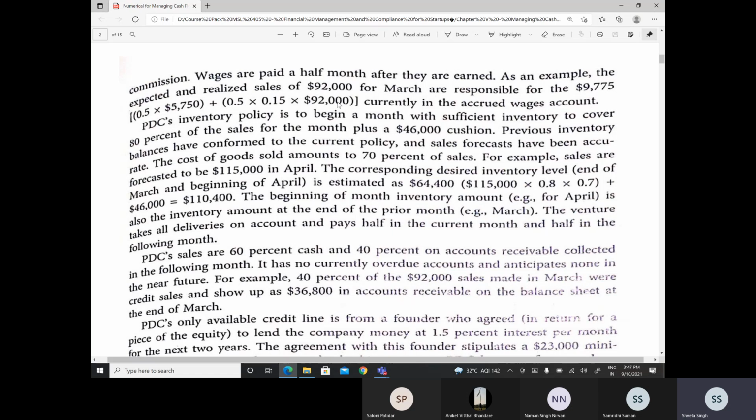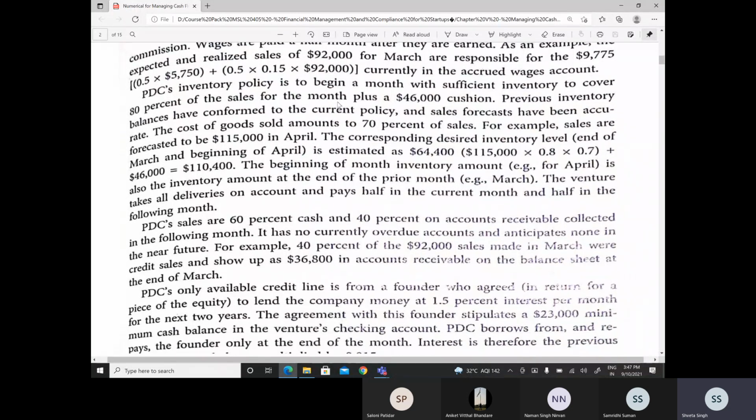For example, sales are forecasted to be 115,000 in April. So the corresponding desired inventory level, that is end of March and beginning of April, is estimated as 115,000 into 0.8 into 0.7, which is the COGS rate, plus 46,000, that is equal to 110,400.